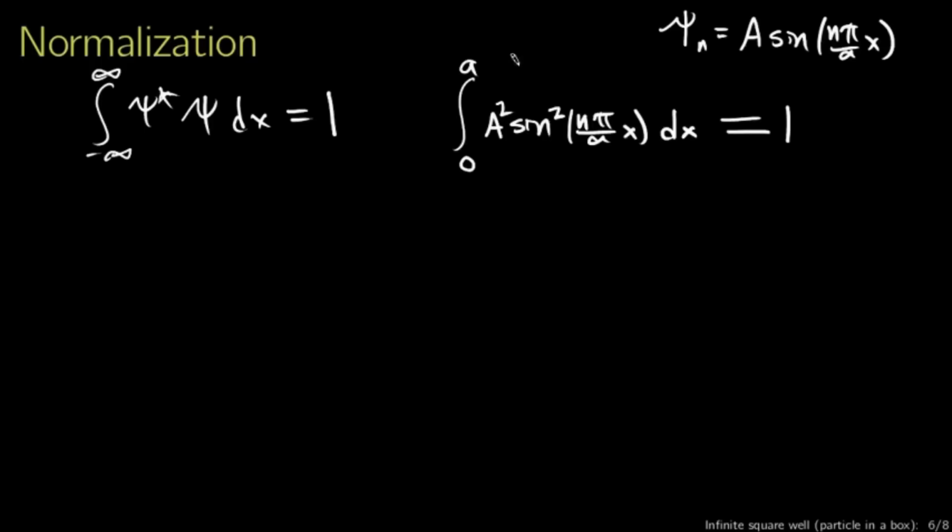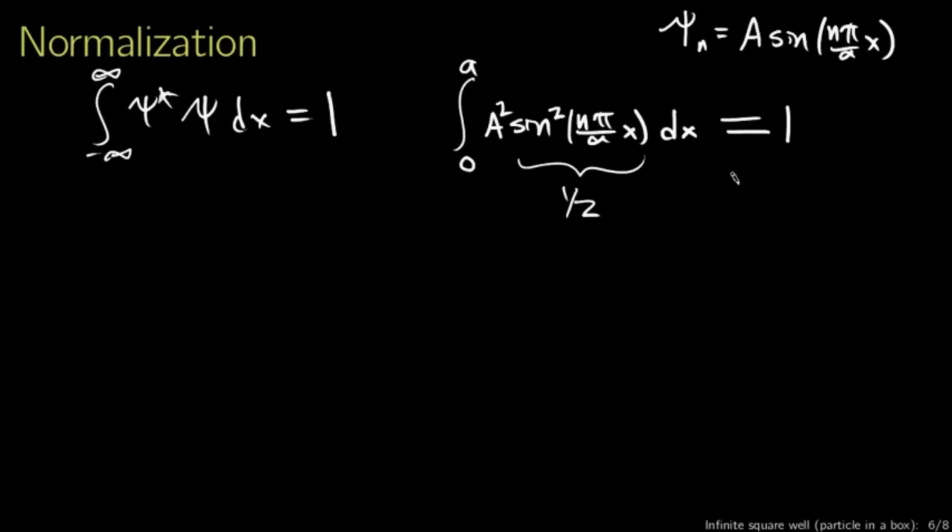Now, integrating sine squared over an interval like this, you need to be a bit careful that the interval you're integrating over has a certain minimum number of cycles. In this case, it has a specific integer number of cycles. And if you're integrating over an integer number of cycles, sine squared effectively averages out to a half.